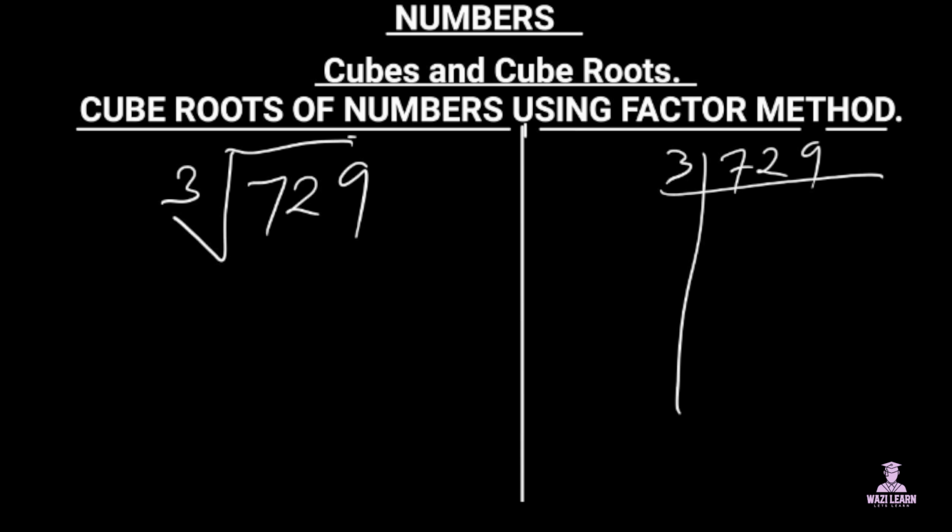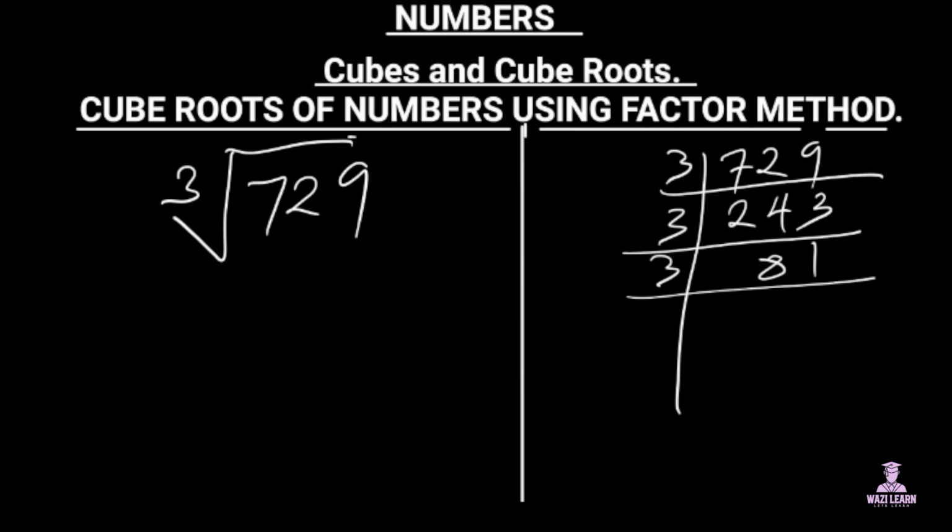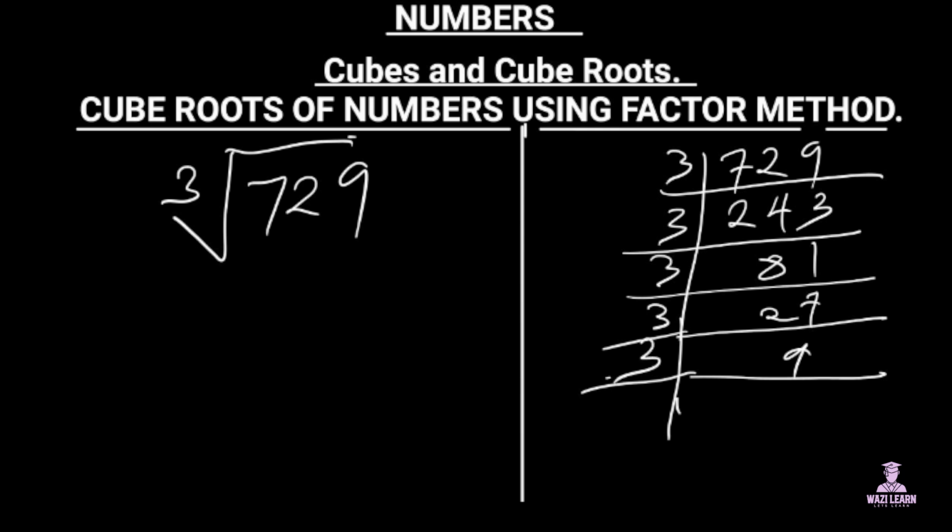So 729 divided by 3 will be 243. Then divide by 3, you get 81. Divide by 3, you get 27. Divide by 3, you get 9. 9 divided by 3, you get 3. And then 3 divided by 3, you get 1.